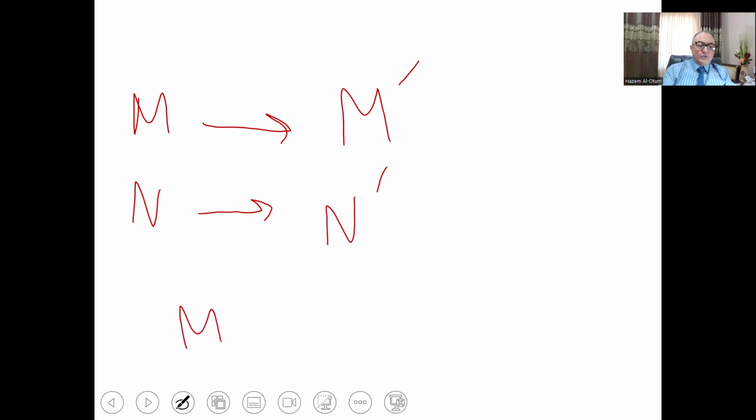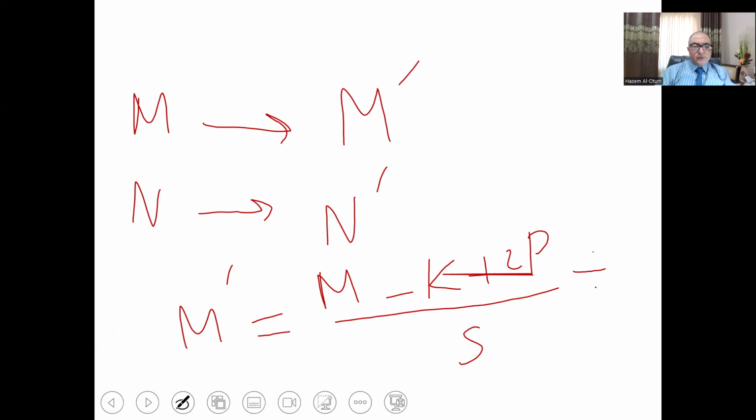Now m dash will be equal to the input size m minus k plus 2p, over s, plus 1.